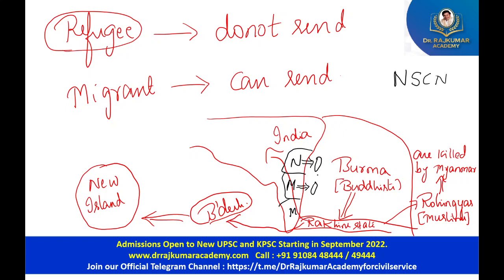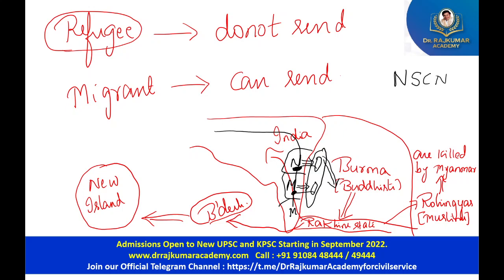Now, these groups are given protection by Buddhists. They are given weapons, they are given training. Now, let us say an Indian army is going like this. Now, these people will come, attack them, and go back. They will come, attack them, and go back.